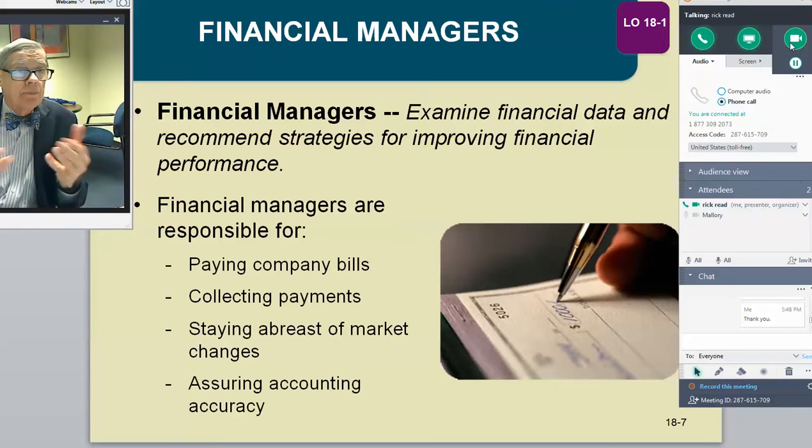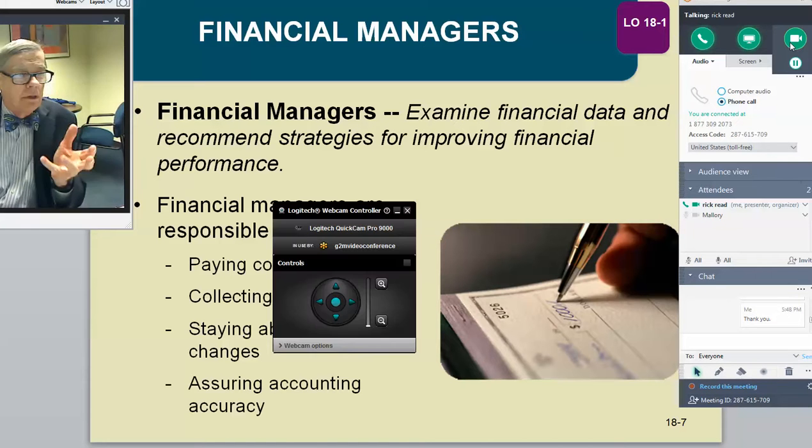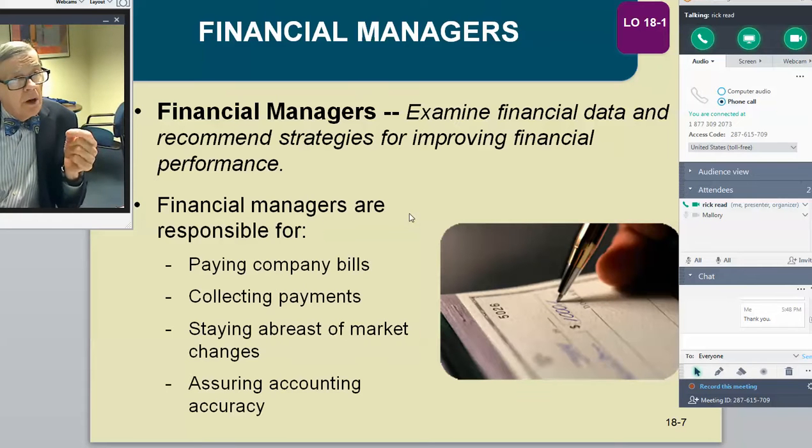And of course, as the tagline says, to improve the financial standing of the organization. They're responsible to pay bills, get payments, et cetera. But last and maybe most important, ensuring the accuracy of the financial data that they're reporting or having reported for them.